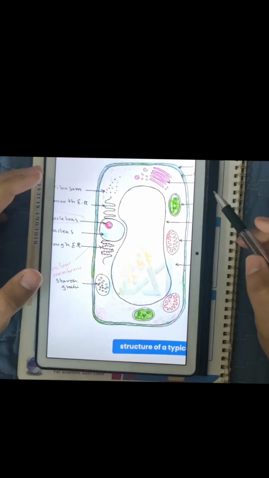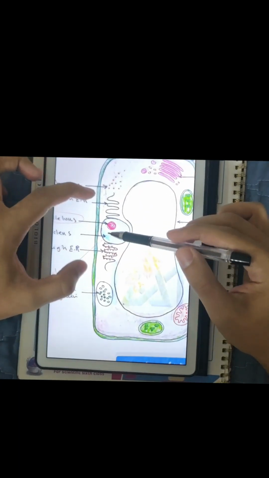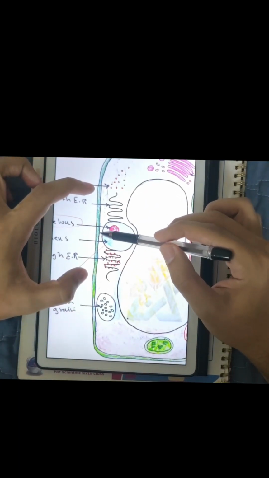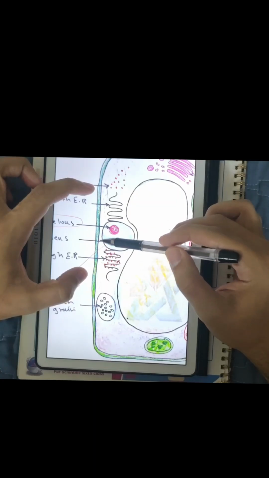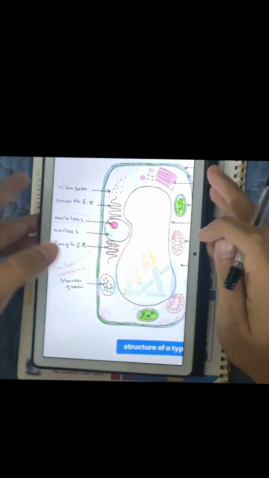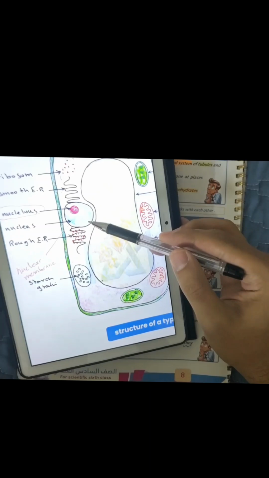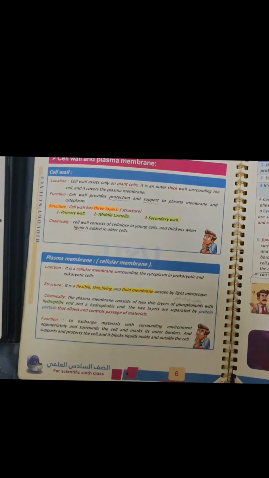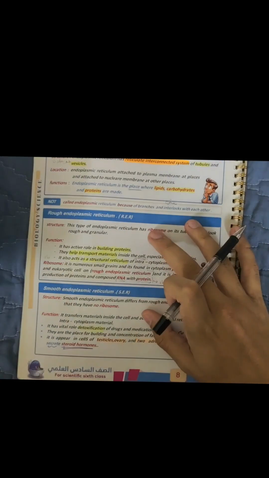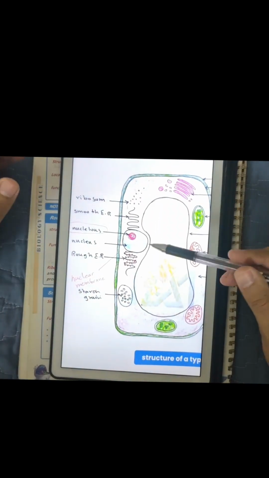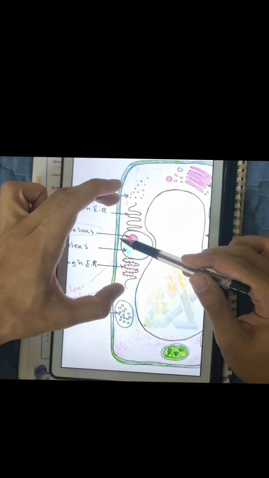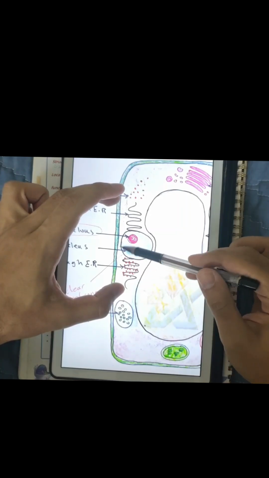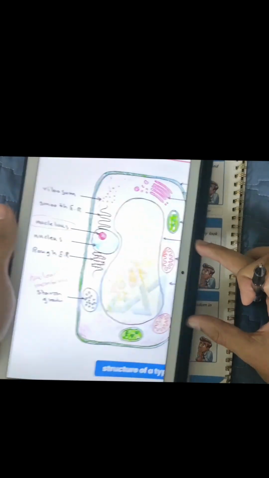It represents the part that lies between the plasma membrane, which is here, basically this line, not the green, this line, and the nucleus, which is this. That's basically what it means there, if you didn't understand. This pink part is the cytoplasm. This line is the plasma membrane. And this is the nucleus. That's basically what it is.